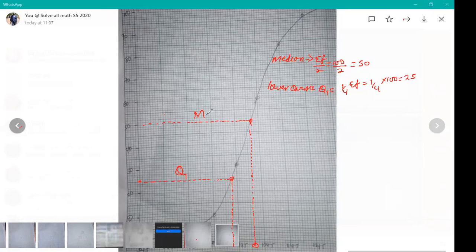So the lady who got 91, maybe the curve was not a little bit smooth there, or you're considering it passing between 92.5 and 91.5. So that is how we get the lower quartile. Now can we go for the upper quartile?